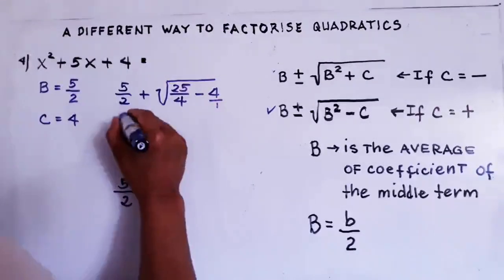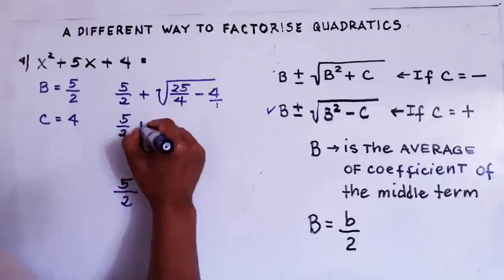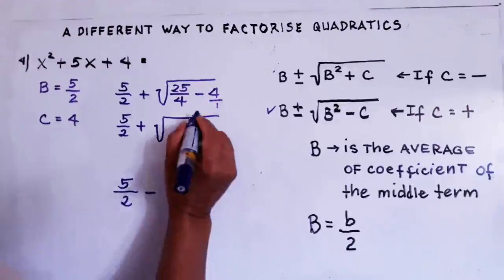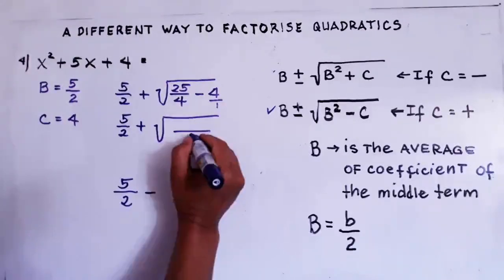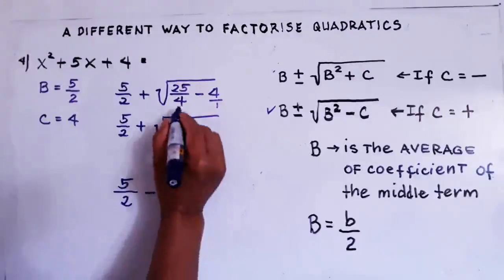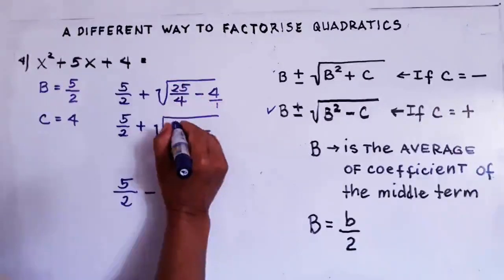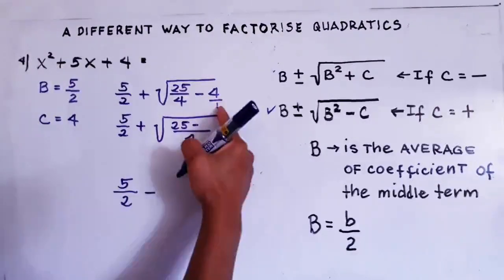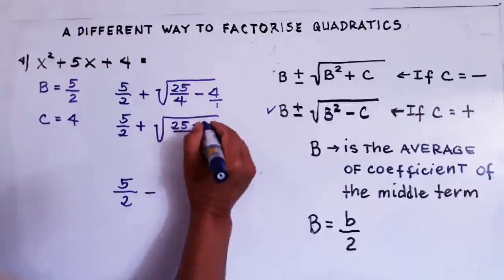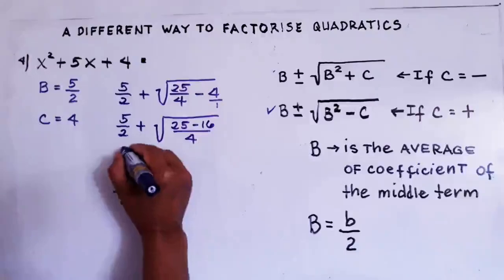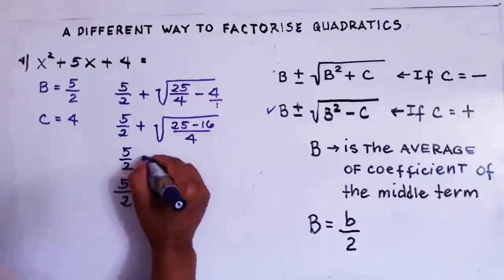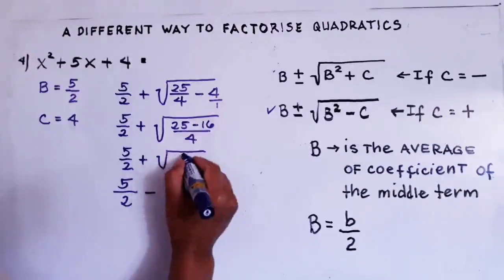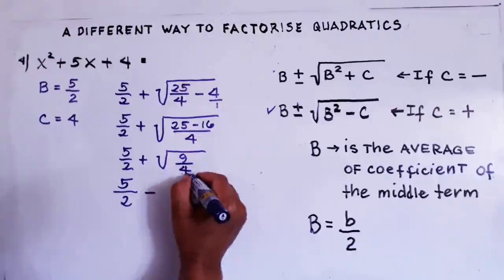So we have 5 over 2 plus, and then we have the square root, and then we are going to have the LCD. 4 and 1, our LCD is 4. 4 divided by 4 is 1 times 25 is 25 minus, so 4 over 1 is 4 times 4 there is 16. 5 over 2 plus this one, it's 25 minus 16 is 9 over 4.